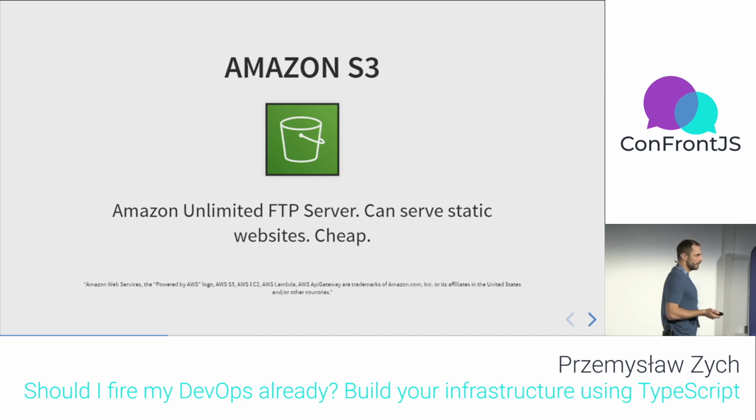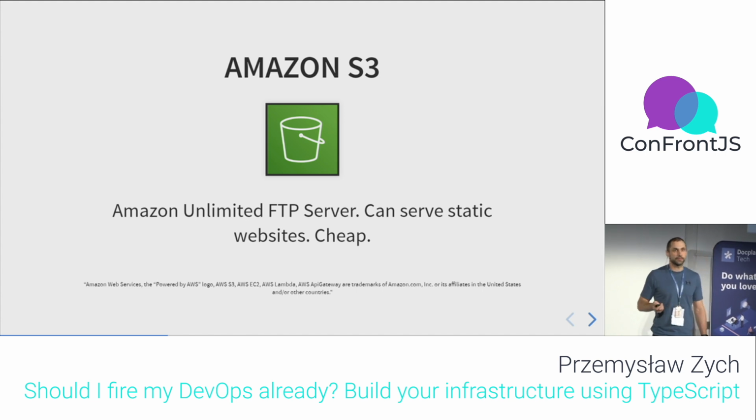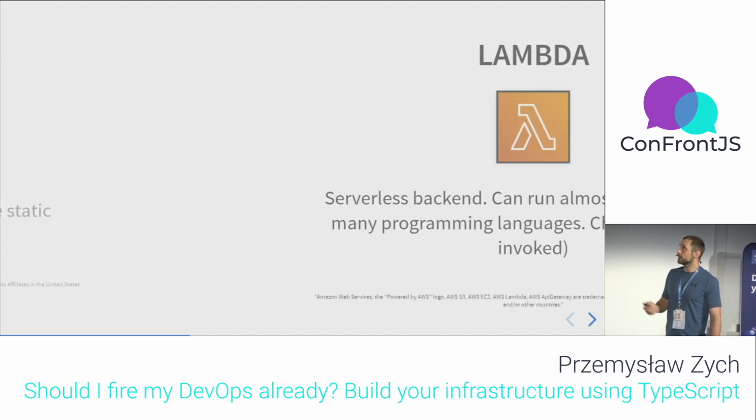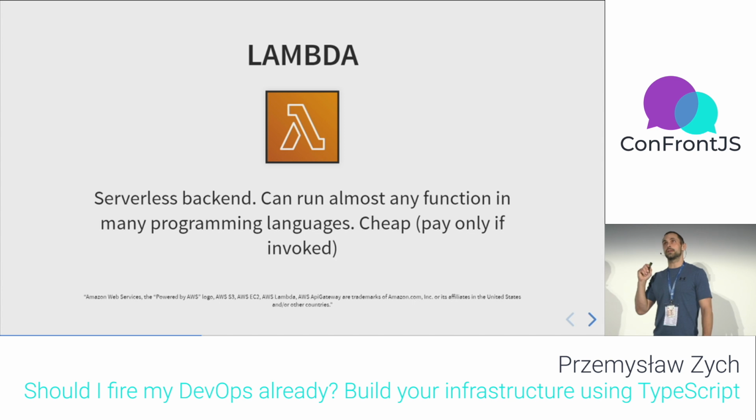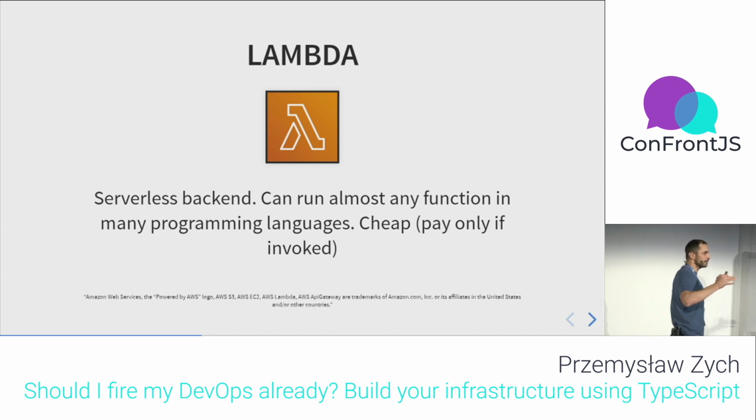It can work as a server for your front end. The second is AWS Lambda, which you can think of like a backend, but without a server. Like a serverless backend. You just upload the code, and you can invoke it using a number of events.